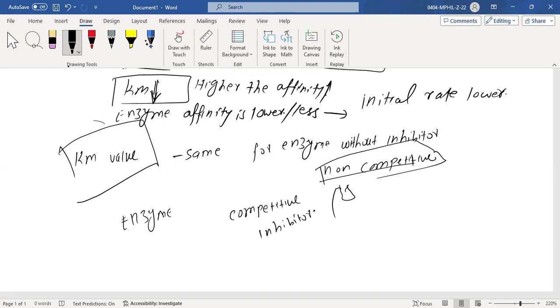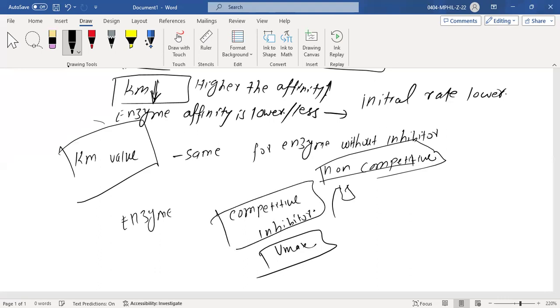That Km value will be different, but they have the same Vmax that we have shown above, right? Compared to the enzyme without inhibitor, which reaches the Vmax by increasing substrate concentration, this is the condition where you have the competitive inhibitor.